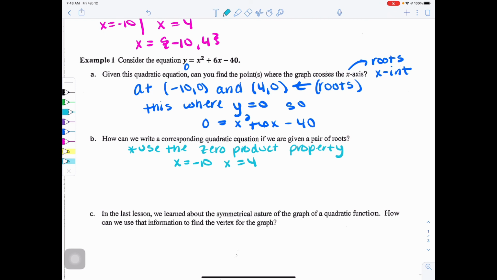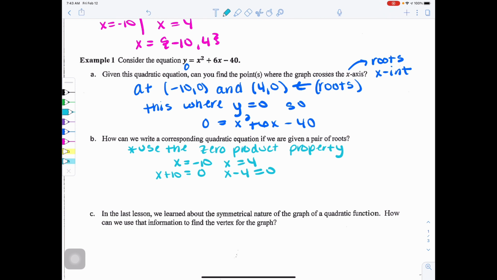In order to get x equals negative 10, we solved from something set equal to 0. So we must have solved x plus 10 equals 0 in order to be able to subtract 10 and get that x equals negative 10. Similarly, for x equals 4, working backwards, we must have solved x minus 4 equals 0 by adding 4 to both sides and getting x equals 4.